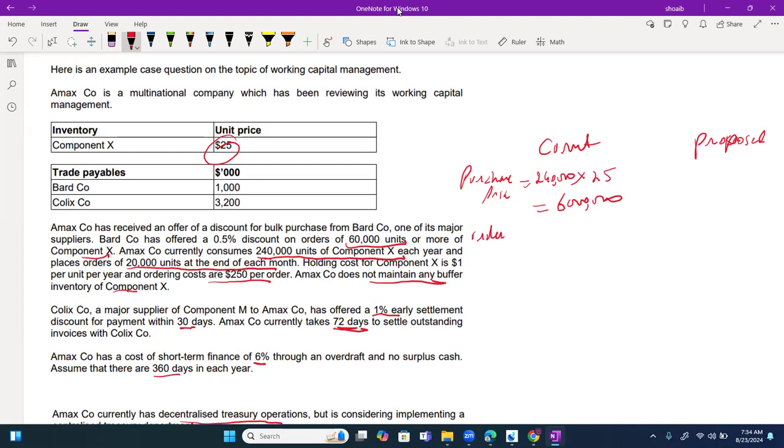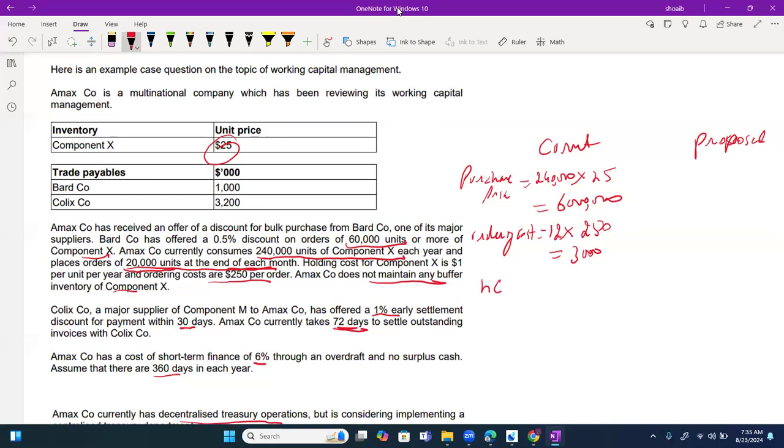Okay, what is the ordering cost now? You are placing 20,000 units order at the end of each month. So you are placing 12 orders in a year. So 12 orders into order cost 250, 3,000.